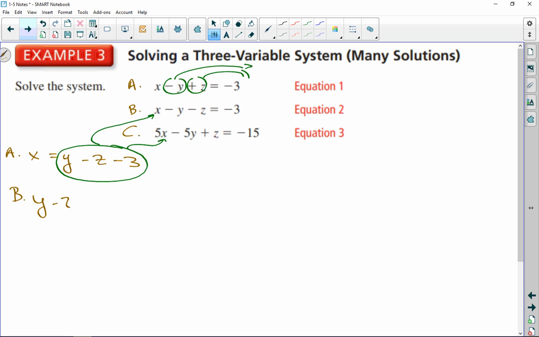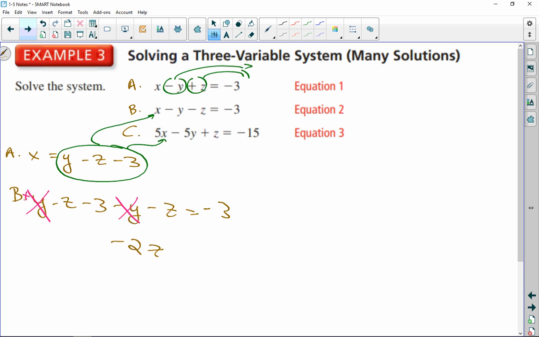So Y minus Z minus 3 minus Y minus Z equals negative 30. So you got a positive Y and a minus Y. Those two cancel. Okay, what do you got? You combine negative Z and negative Z, that gives me what?